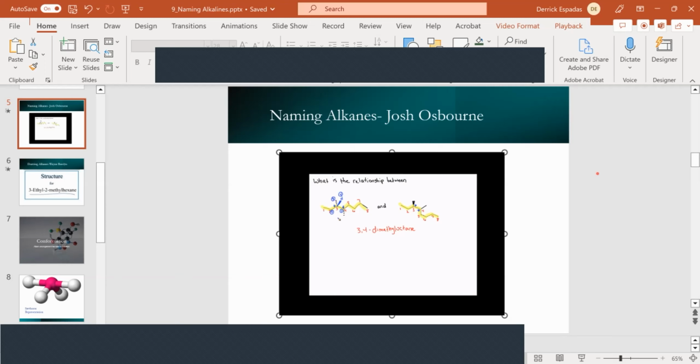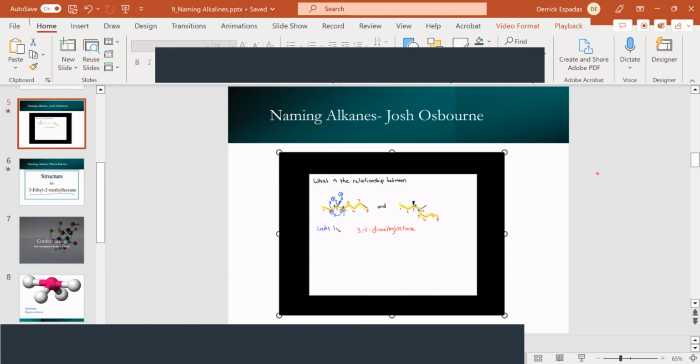Okay, so now, as we normally did this, we would just flip this over so we get the priority 4 group pointing to the back. But there is a trick we can use. We can leave this priority 4 group pointing out and then just reverse the configuration that we think we have. So we go from 1 to 2, 2 to 3. We're going around to the right.